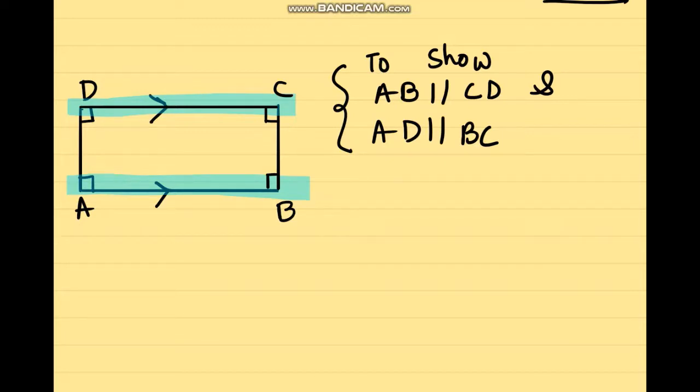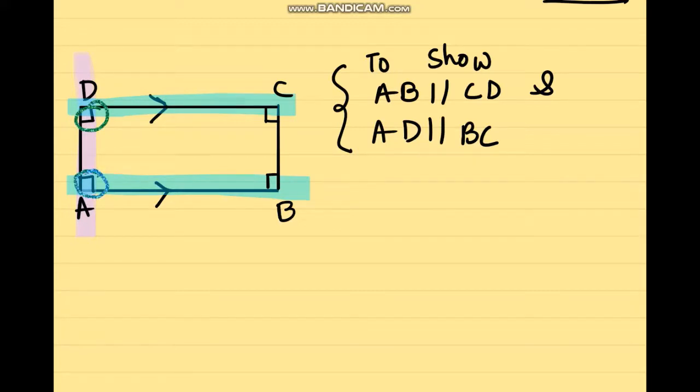Now see, when you take AD as your transversal, you are getting two angles, A and D.